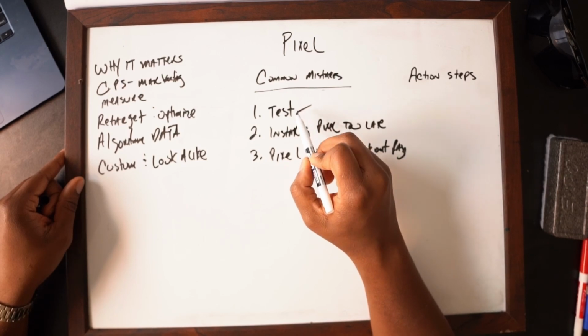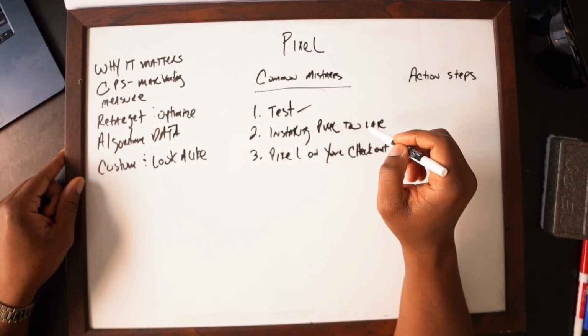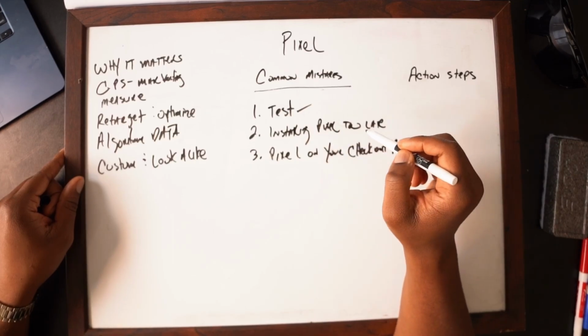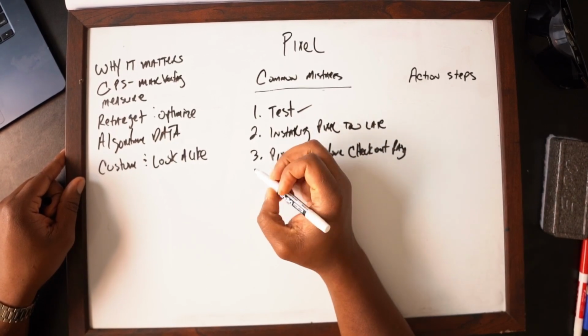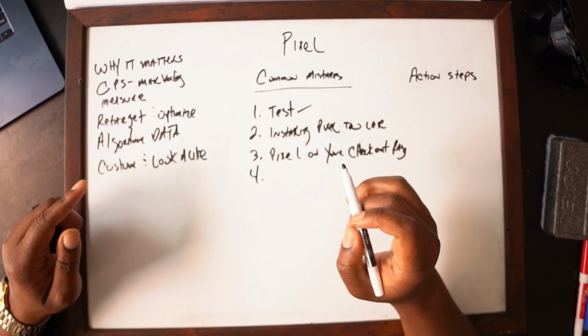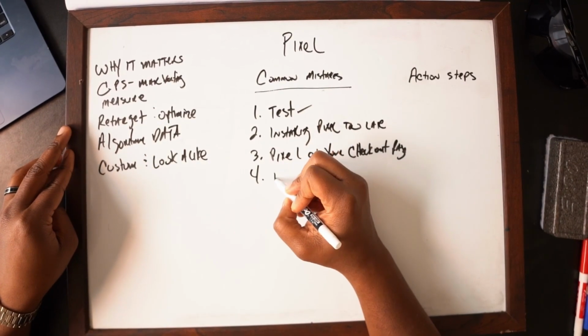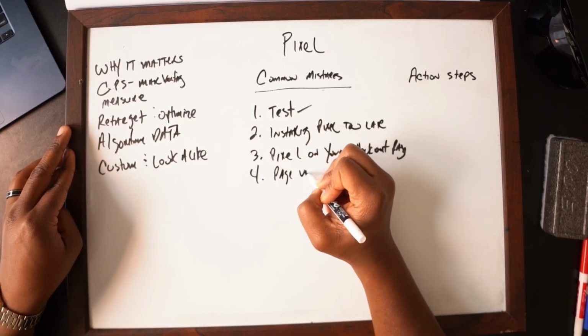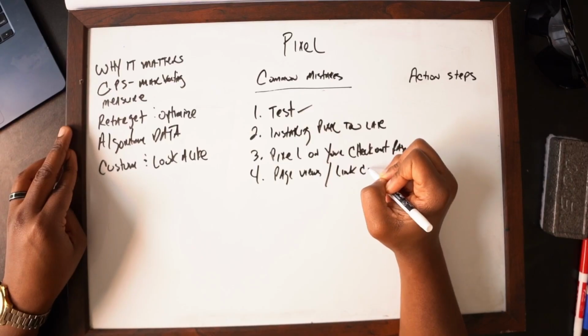You're not testing your pixel. You're installing the pixel way too late, like during the campaign or after the campaign. And number 3, your pixel is only set up on your checkout page. I'll give you a bonus one: you guys are only setting up your pixel for page views or link clicks.